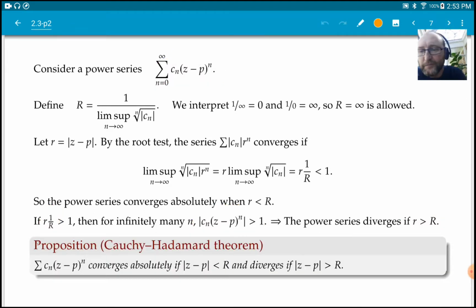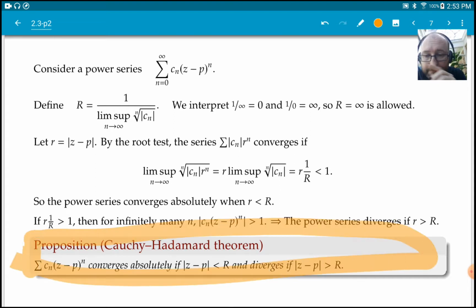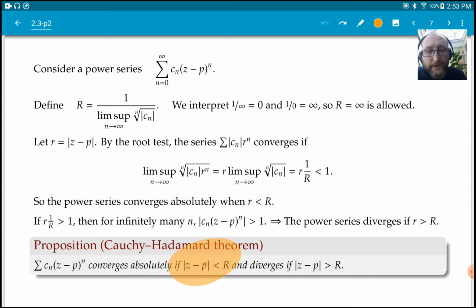So we've proved the Cauchy-Hadamard theorem, that the power series converges absolutely if you're within capital R of P, and it diverges if you're further away, right?